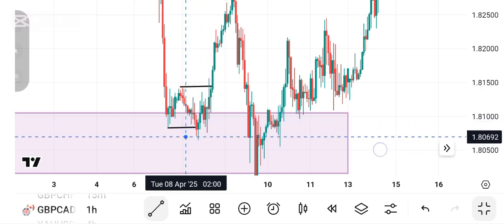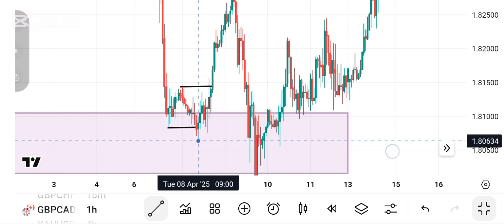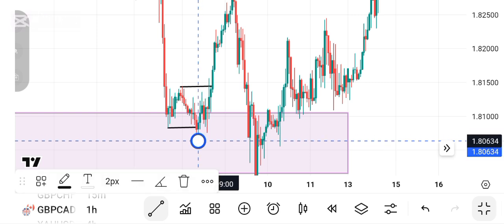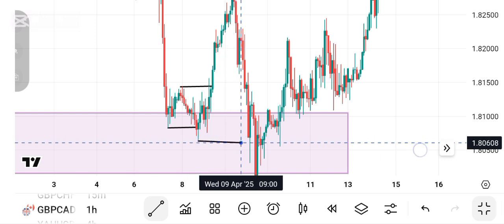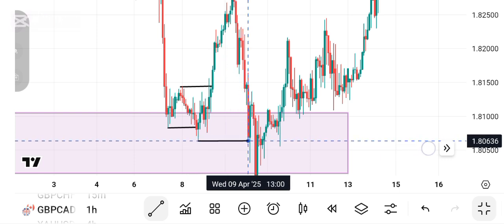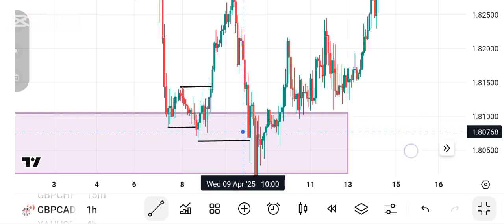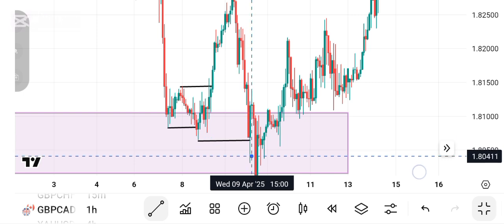Now, look at this low right here. Is this a break of structure or not? This low was first of all taken out by this wick, right?